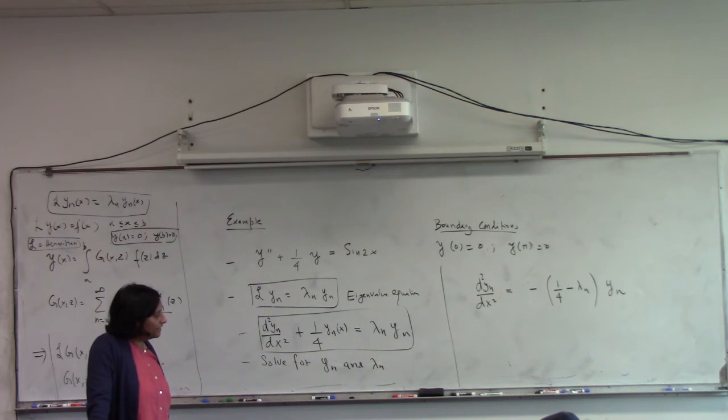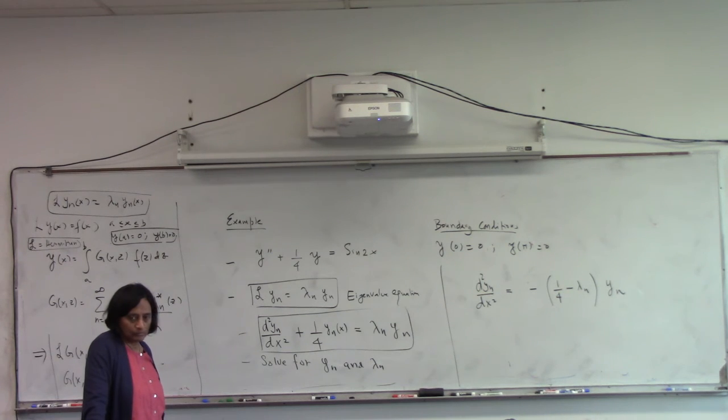If I write it like this, are you able to guess your solution? What does this differential equation remind you of? Harmonic oscillator, yeah. d squared y over dx squared is minus omega squared y or something like that. It's harmonic, so it's a combination of sine and cosine.